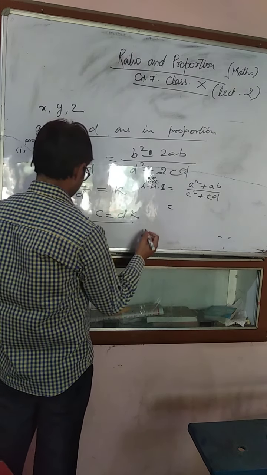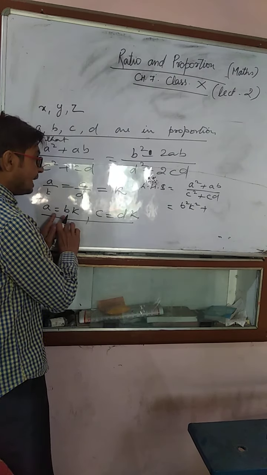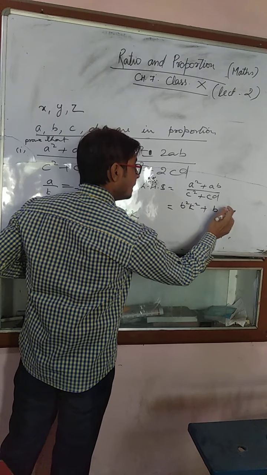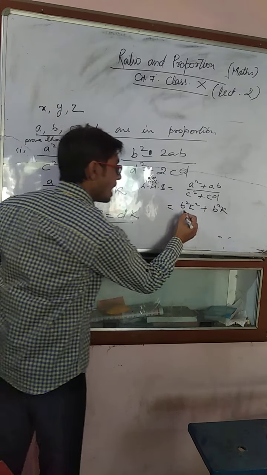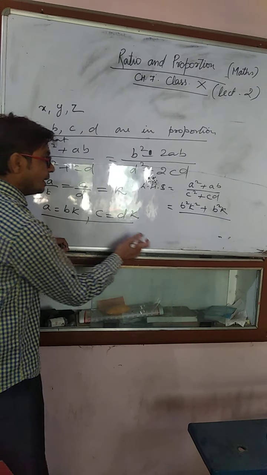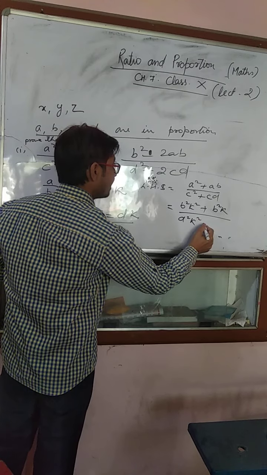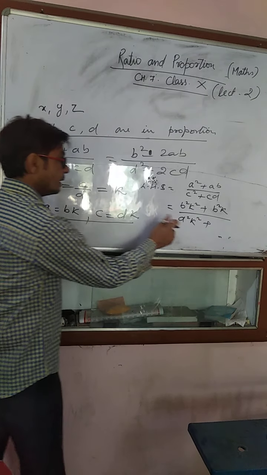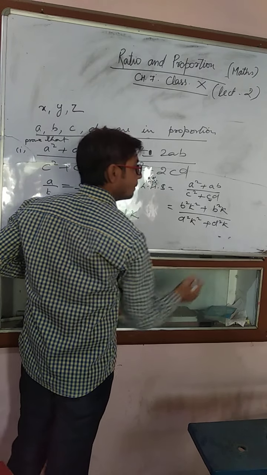It becomes b square k square plus b square k, clear? After that the value of c: d square k square plus d square k.